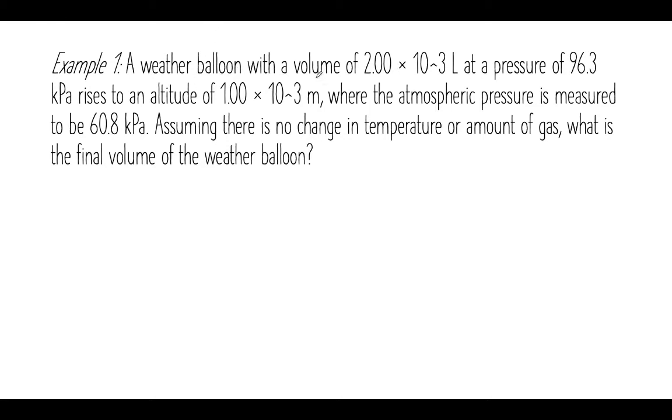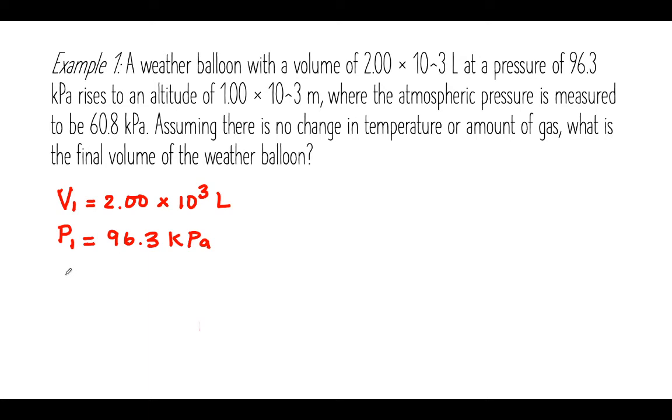So the weather balloon has an initial volume. So the first volume is 2.00 times 10 to the power of 3 liters. And it has an initial pressure, so P1 is 96.3 kilopascals. Now it says they rise it to an altitude of 1.00 times 10 to the power of 3 meters.